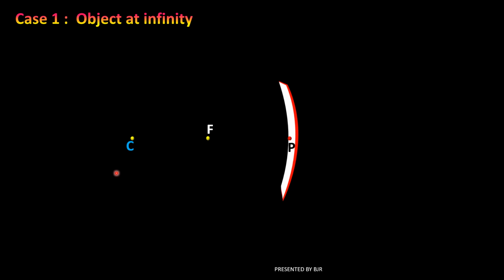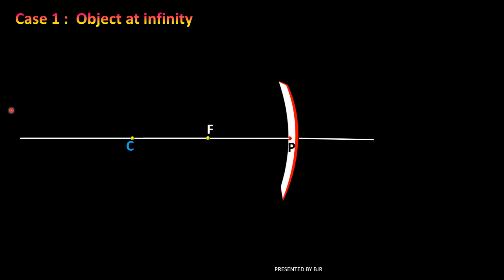Because the distance between the object and the mirror is so large, the rays are parallel. The rays will become parallel when they reach the mirror. Okay, see here. So this is the principal axis.